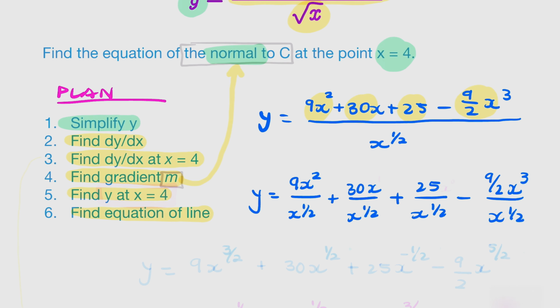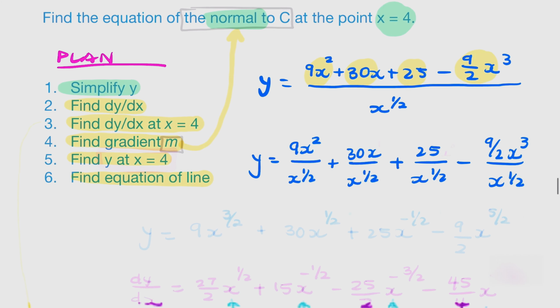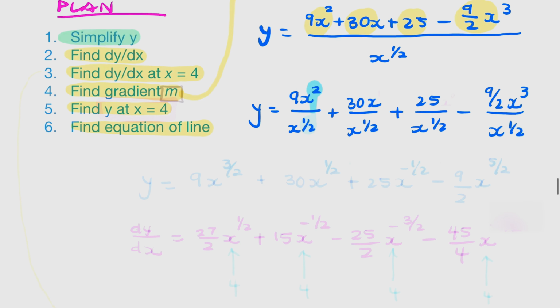Now, when we divide, we subtract powers. So each of these powers we subtract, and we can imagine that here we're going to have an x to the power 0, and here we have x to the power 1.